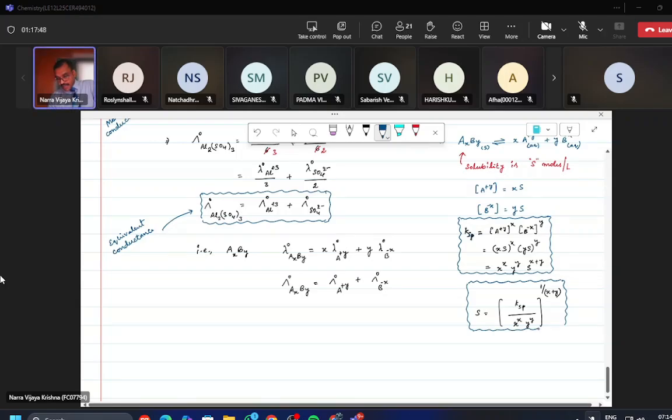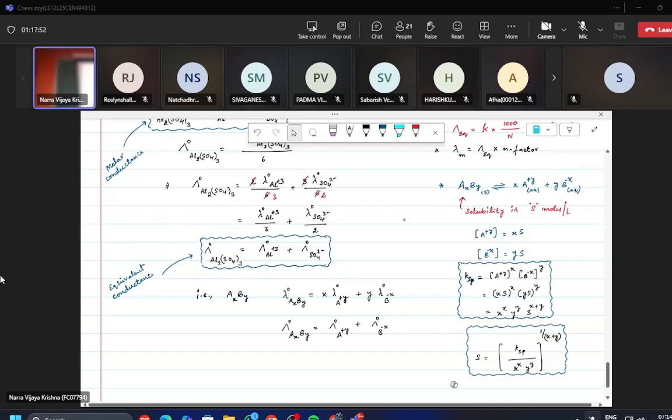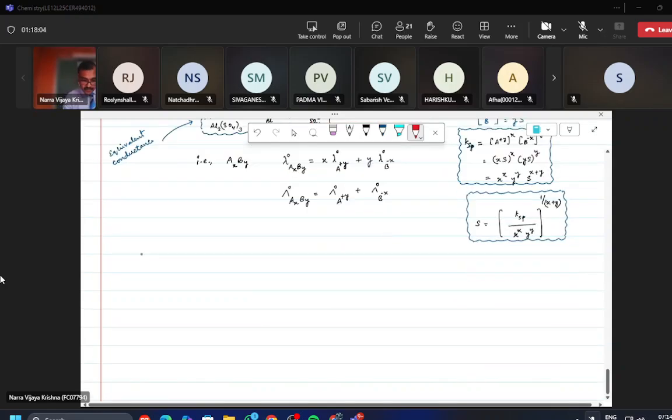Instead of solubility, can I write concentration, or moles per liter? Right? What is the molar conductance formula? Better I will write it as note 7. Lambda m equals kappa into 1000 upon what I will write?